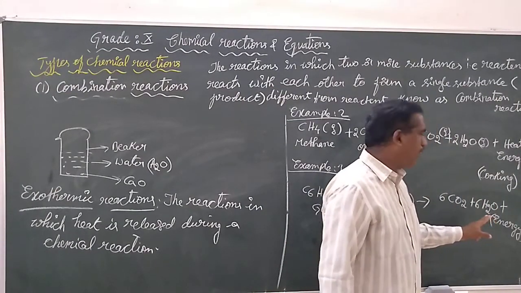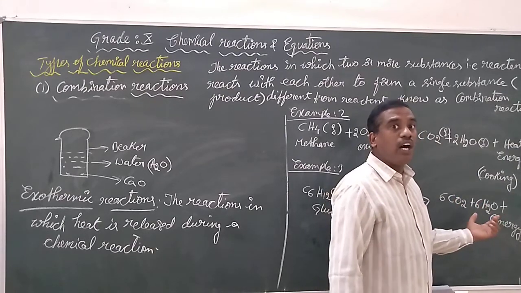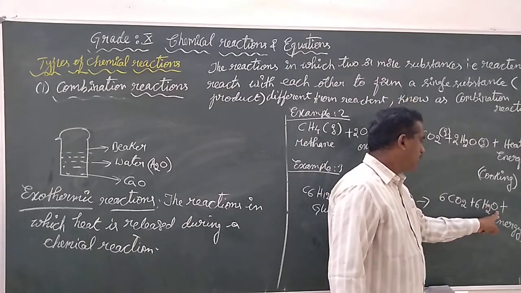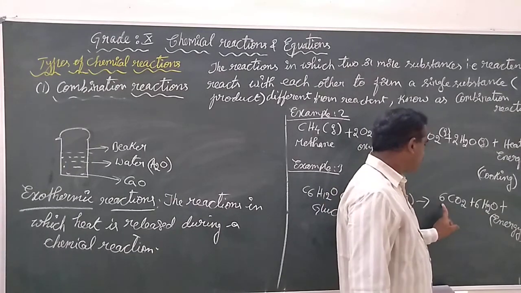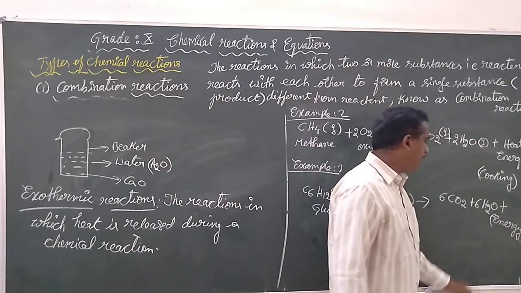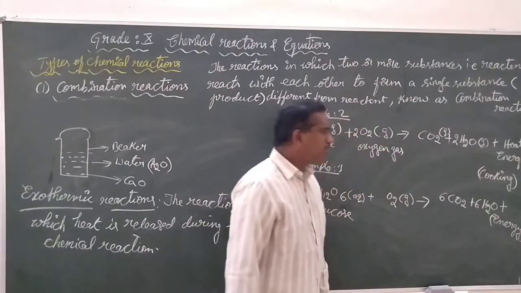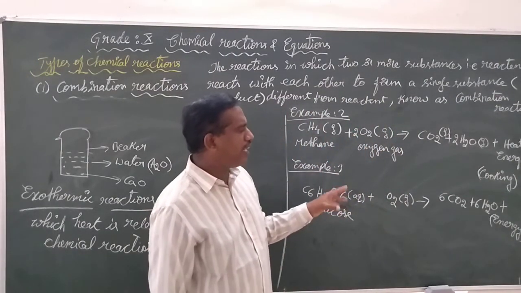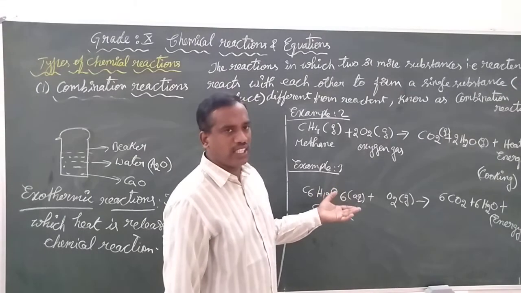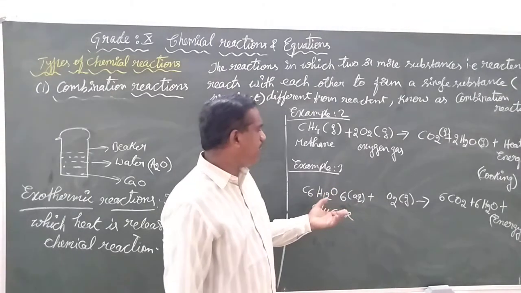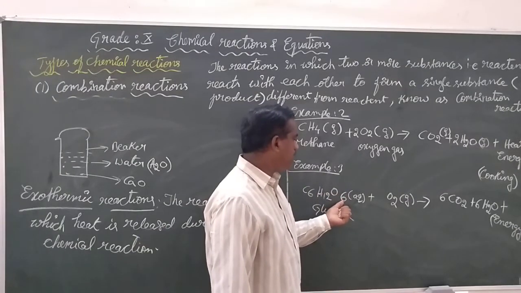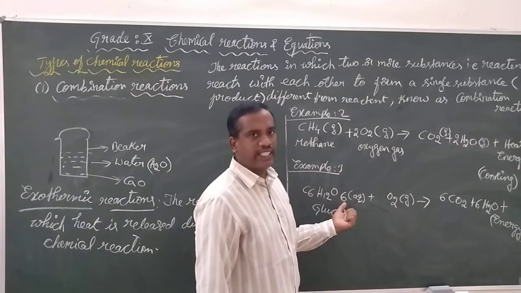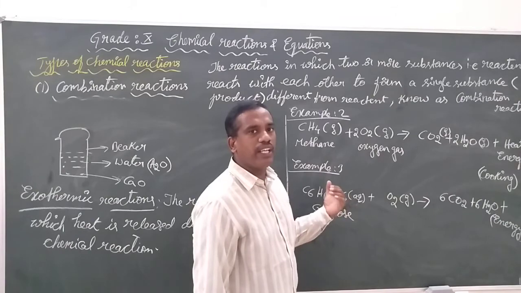On the product side, how many oxygens are there? 6 oxygens here, and 6 2s are 12, which means totally we have 18 oxygens. Once you see here, there are already 6 oxygens on the reactant side. So you want the remaining 12.